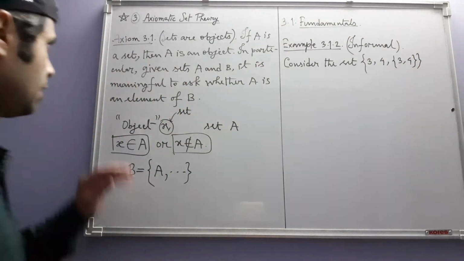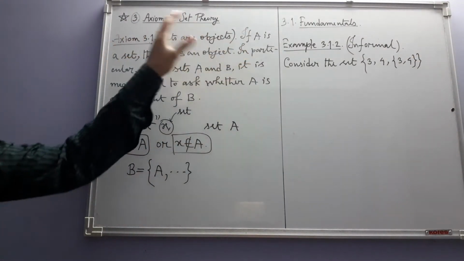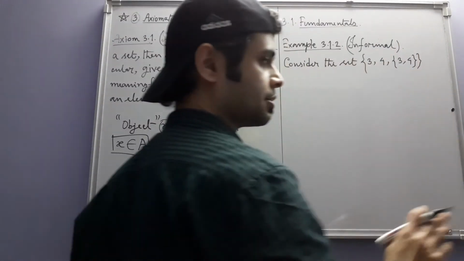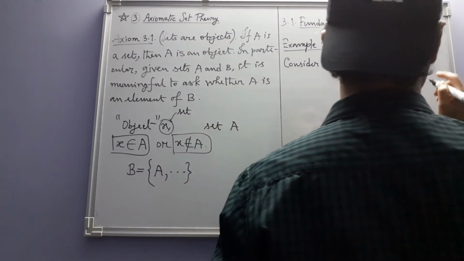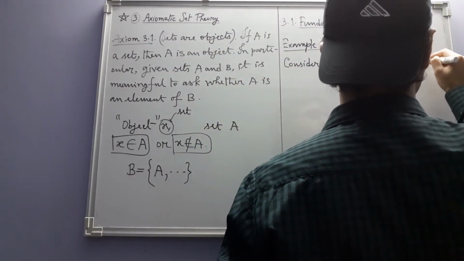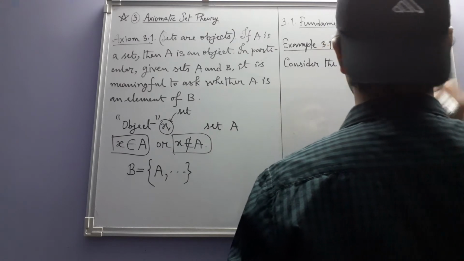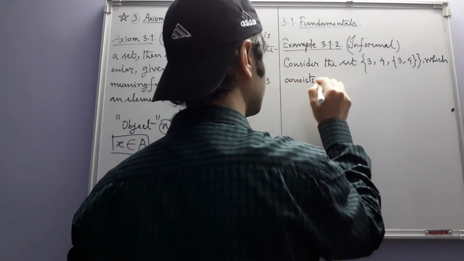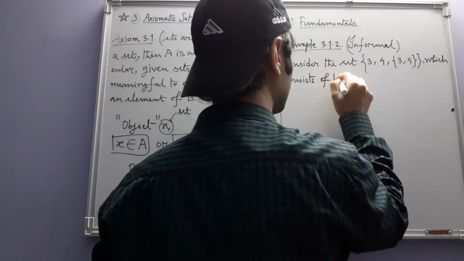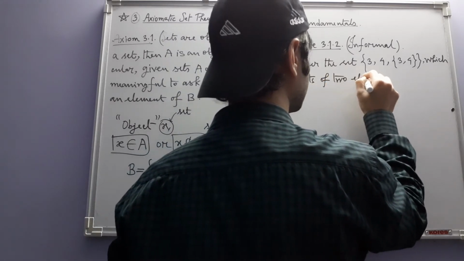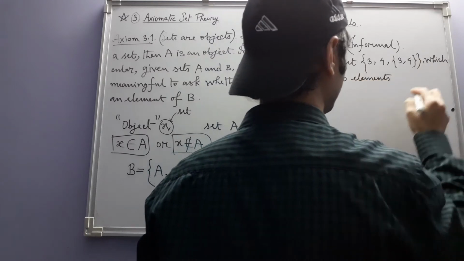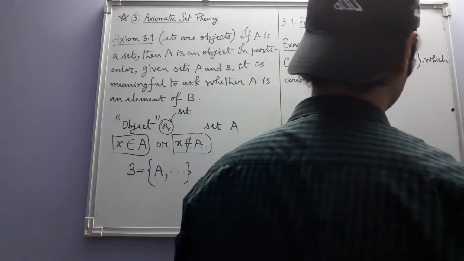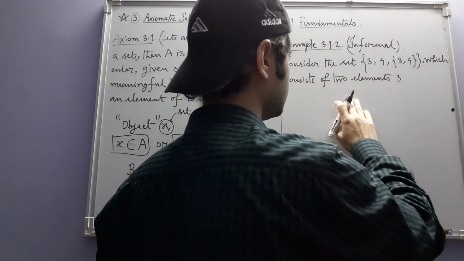Now, axiom 3.1 we have understood, okay, so that is over. So this is something new. It will show another aspect of set theory. Consider the set which consists of two elements. I should not say two elements, or can I write like this?